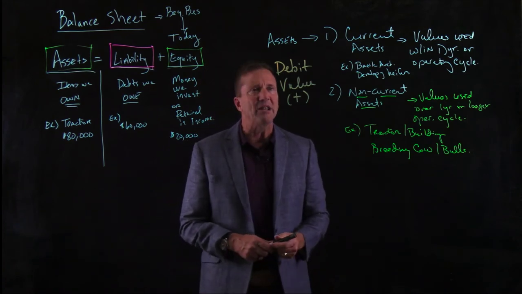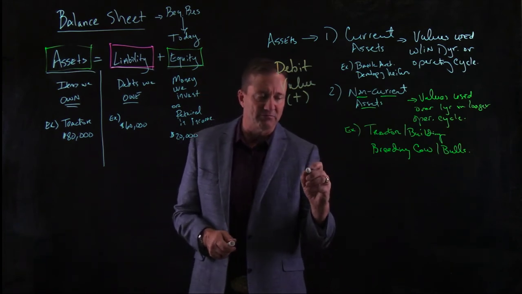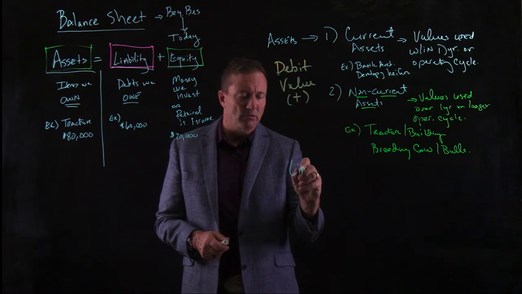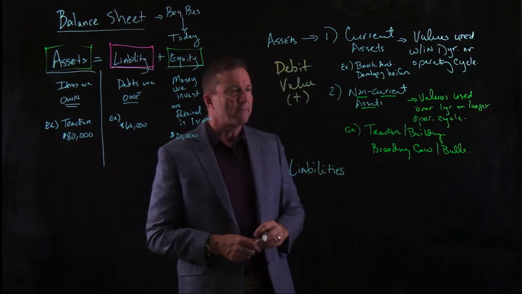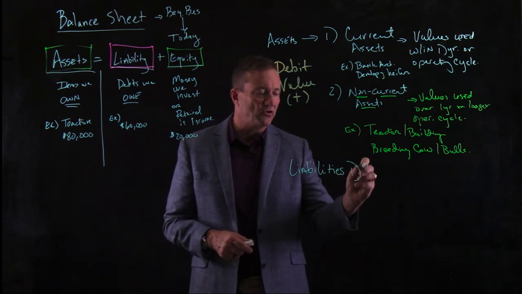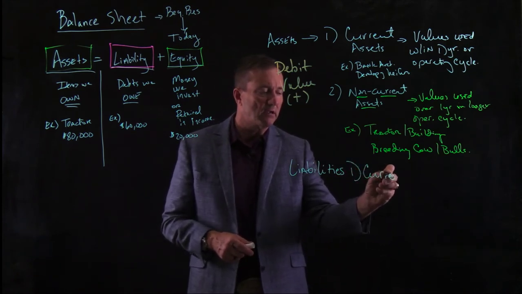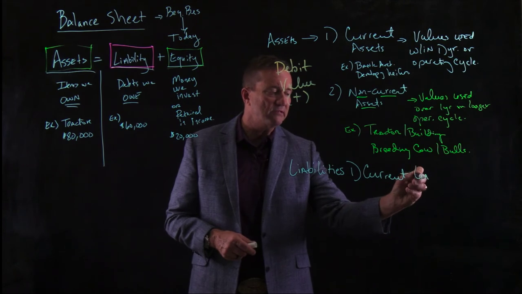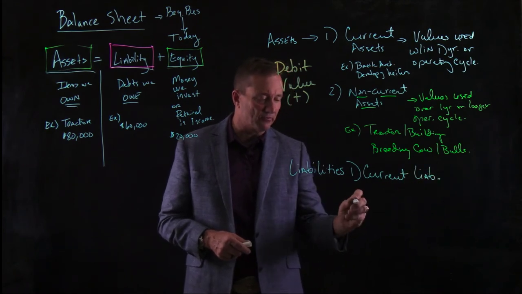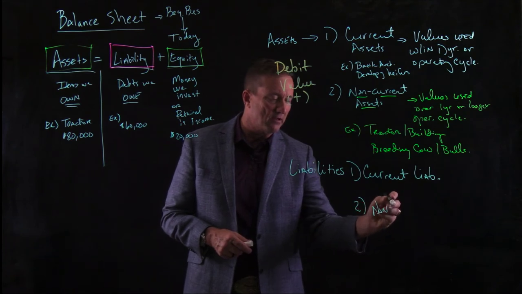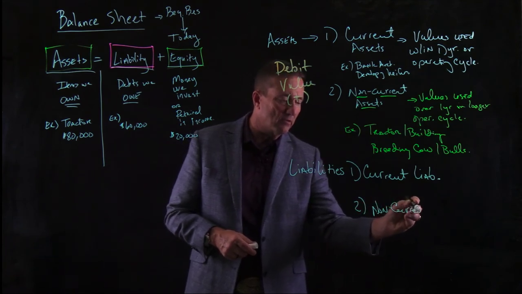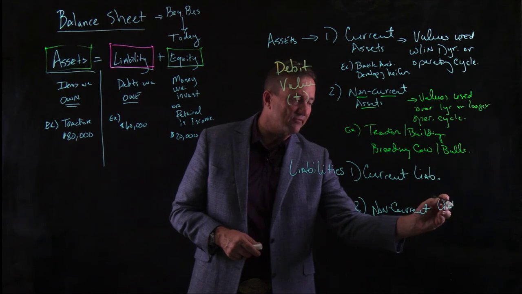All right, what about liabilities? I'm running out of room here. Liabilities are a similar organization. You've got current liabilities, and then I'm going to skip a little room down, and then you've got non-current liabilities.